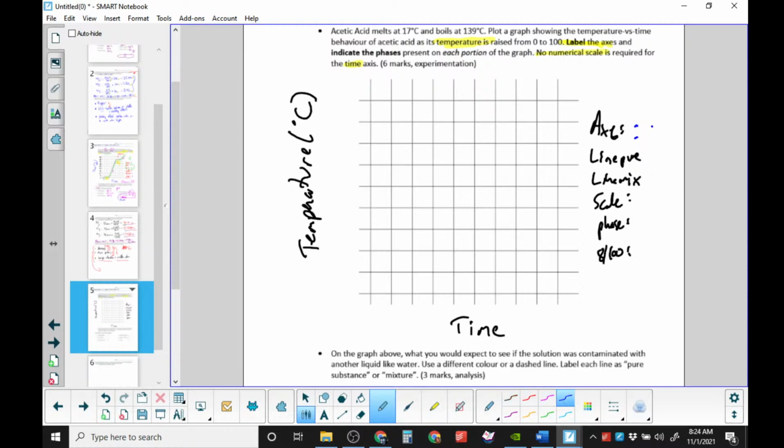So that was 1. And then you needed a reasonable scale. A reasonable scale is one that takes up more than half the page but doesn't extend beyond the page. And this one goes from 17 to 139. So you need something that goes through all these points. So probably a reasonable one would be 0, 20, 40, 60, 80, and so on.